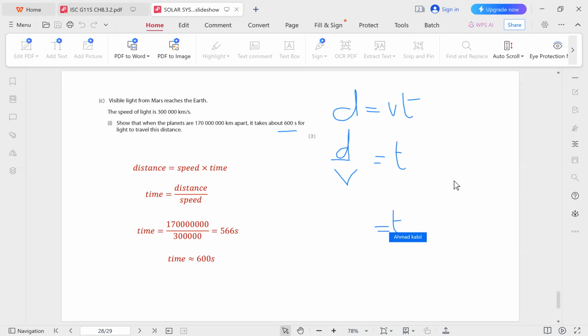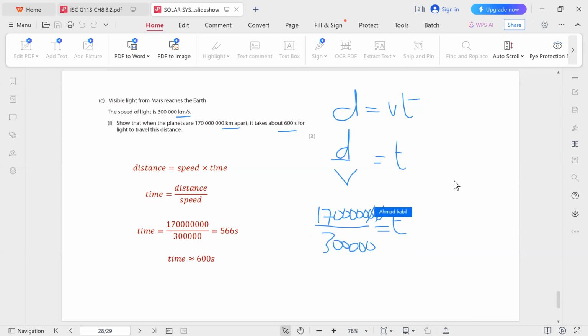Of course, since the speed here is given in kilometers and the distance is given in kilometers as well, all you have to do is just replace with the numbers without doing any conversions. So the distance is 170 million over 300,000.